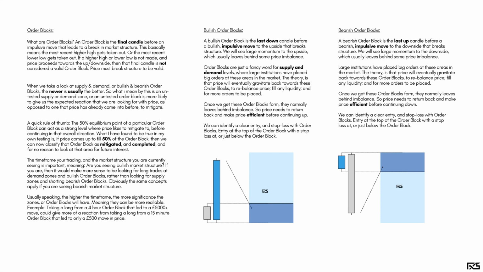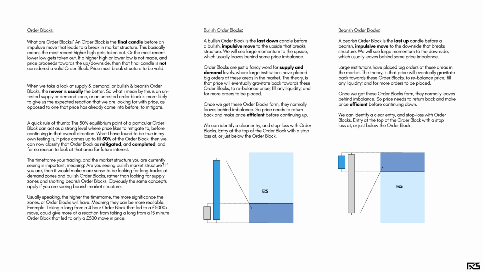So if price comes up to reach 50% of a particular order block, we can class that as a completion of that mitigation. But it's definitely important that you do your own research on that and backtest, because you may find it doesn't work as good for you. You may have different rules.